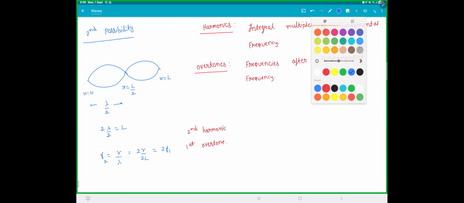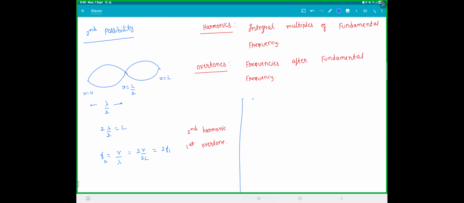What is the third possibility? 3 loops. So here we will get 3 times lambda by 2 is equal to L. We get F3 will be 3V by 2L, which is 3F1.